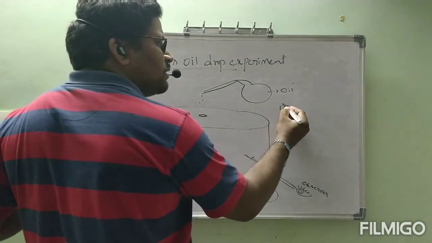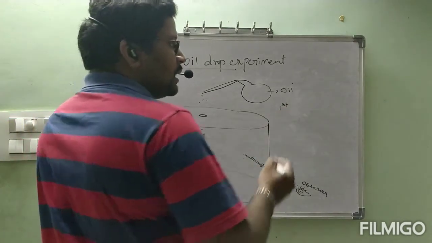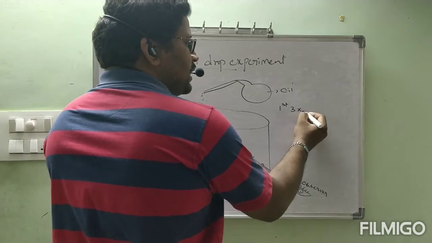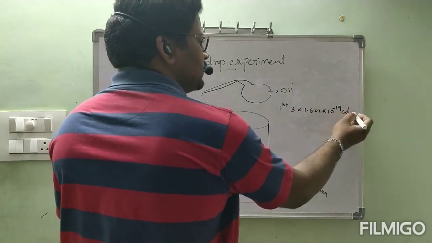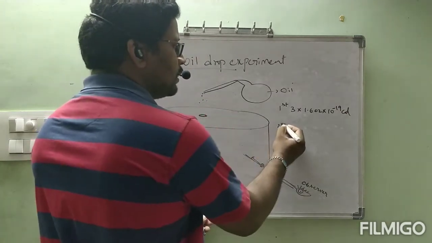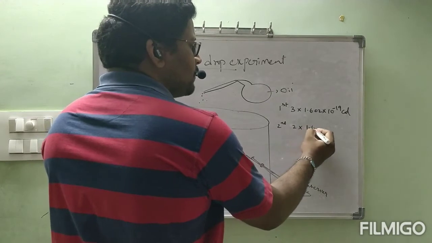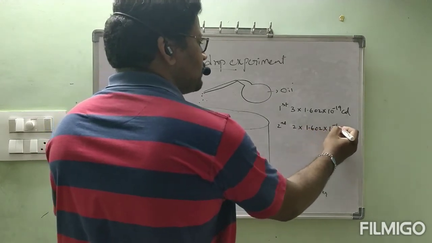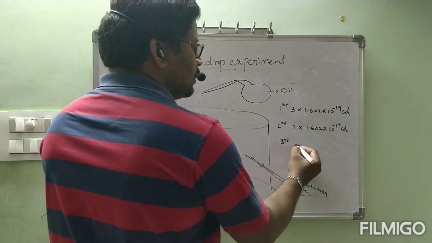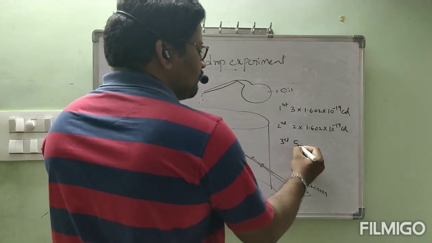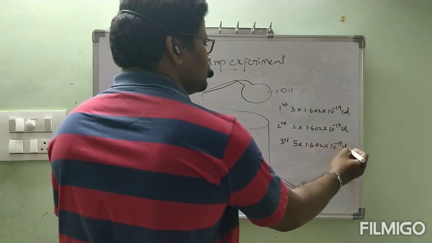Suppose the first oil drop is developed by 3 into 1.602 into 10 power minus 19 coulombs. The second oil drop by 2 into 1.602 into 10 power minus 19 coulombs. The third by 5 into 1.602 into 10 power minus 19 coulombs.